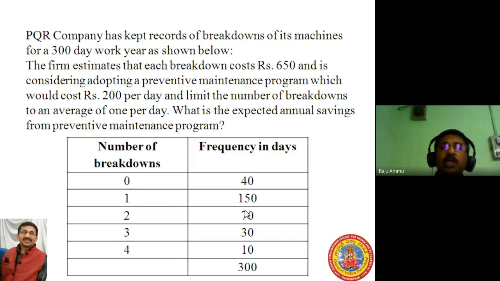So if you properly understand, the organization is working for 300 days, and the cost per breakdown is 650. It is also thinking of a preventive maintenance program where it would cost 200 per day and limit the breakdowns to an average of 1 per day.